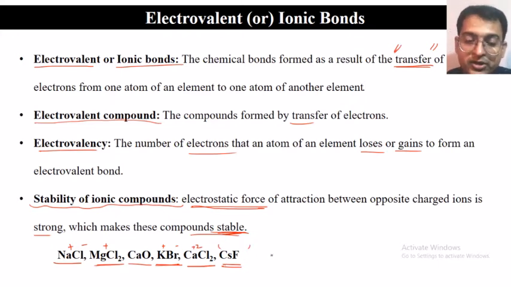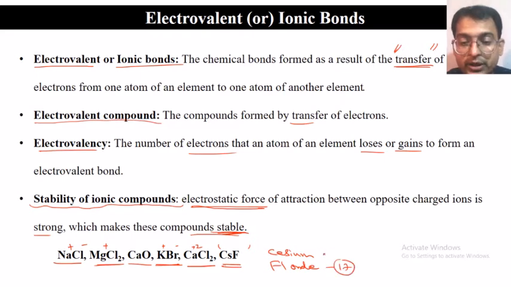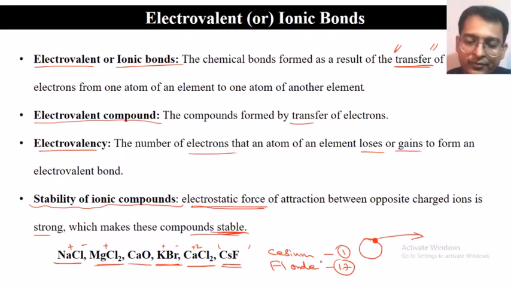In your next chapter, the periodic table, you will be looking at the different elements. So cesium fluoride: fluorine is in the 17th group, and cesium is in group 1. This is the very bottom of the group, so it is a very large atom. So the electron in the outermost shell has very high energy, and it can come out very easily.